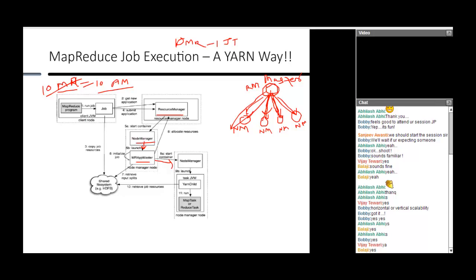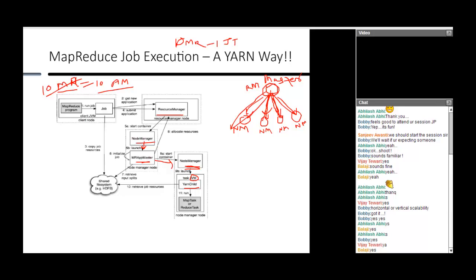All these tasks it will ask to be created on different nodes, where again there will be a node manager who manages the resources for executing those child tasks. These child tasks are called YARN child, and they will be executed in separate JVM processes. So the application master will execute these different child tasks and manage their output.